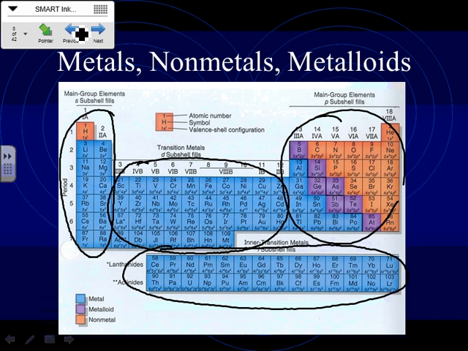There's sort of 4 different blocks on the periodic table, 4 broad categories of stuff. Do you remember what we called these right here? I just mentioned it one day. The ones on the far left here. And it has to do with the orbitals that their outer electrons are going into.